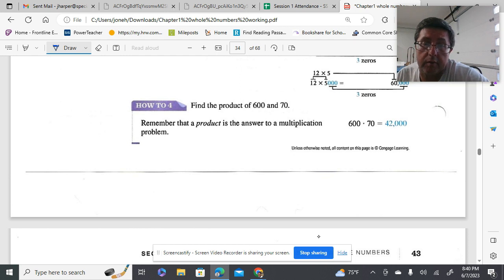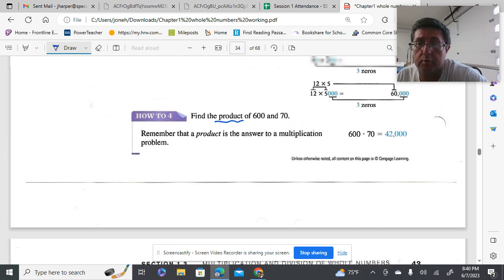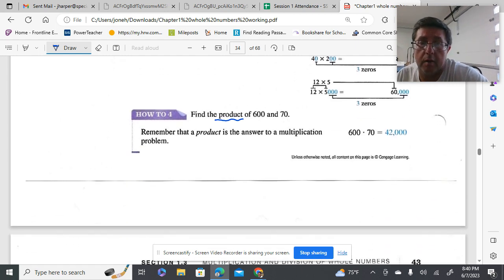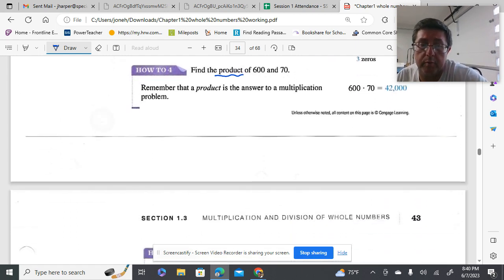Find the product of 670. So, we're going to focus right now on this word. This is product. That is what you call the answer to a multiplication problem.